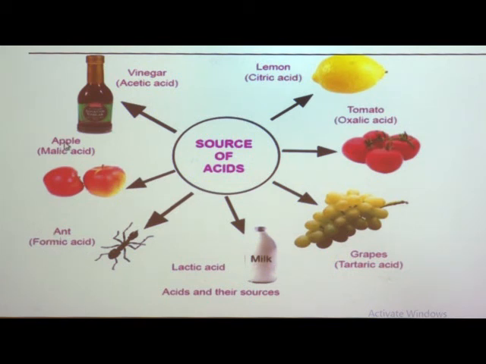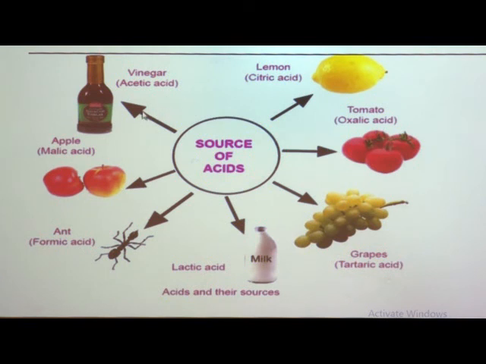In apple there is malic acid and in vinegar there is acetic acid. So these are some substances in which different types of acids are present. The names of the acids given here are citric acid, oxalic acid, tartaric acid, lactic acid, formic acid, malic acid and acetic acid.